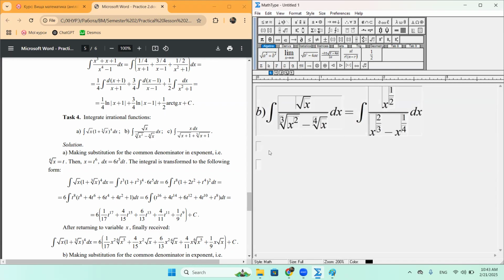And again, making the substitution. Here we have the common denominator for these fractions, 3 and 4, so 12. So we do the following substitution. x in power of 1 over 12 equals t.